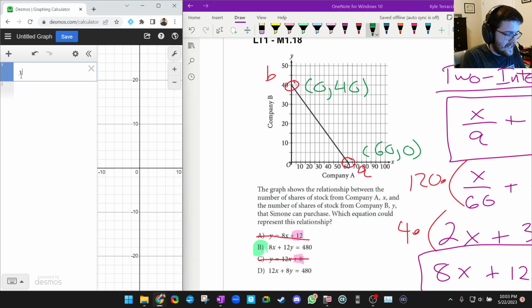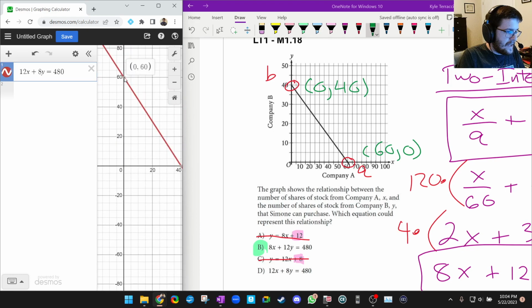Also, you could just type these in. Okay, A is wrong. Let's try C. y equals 12x plus 8. Okay, that one's wrong. Let's try D. 12x plus 8y equals 480.